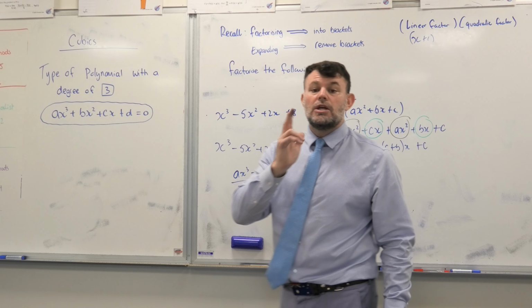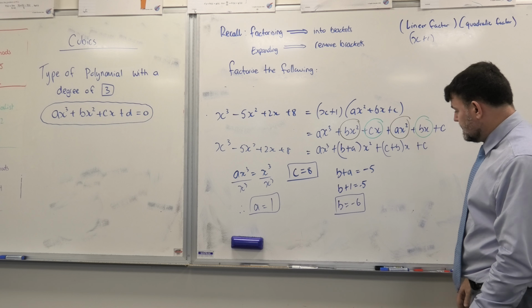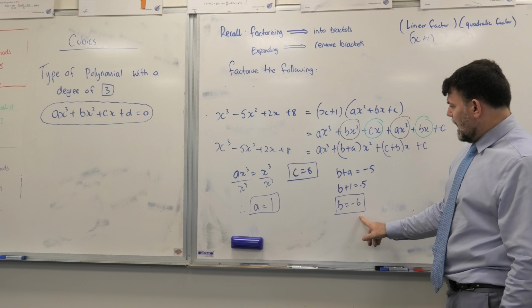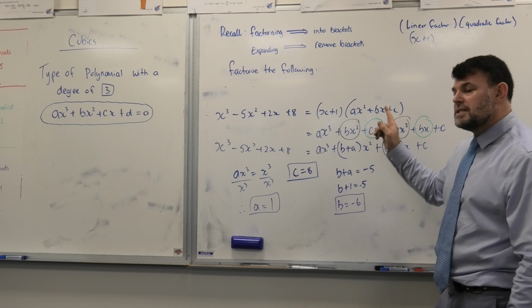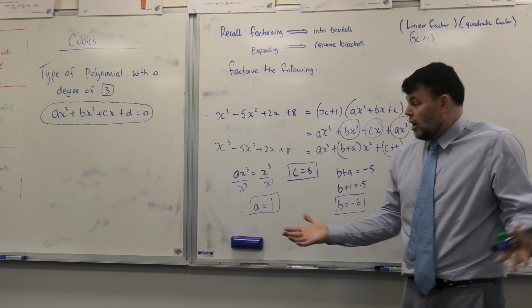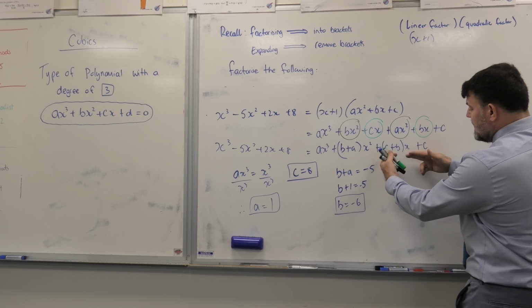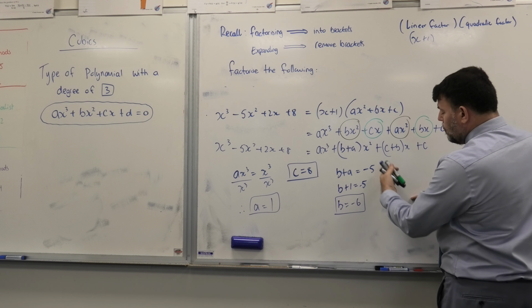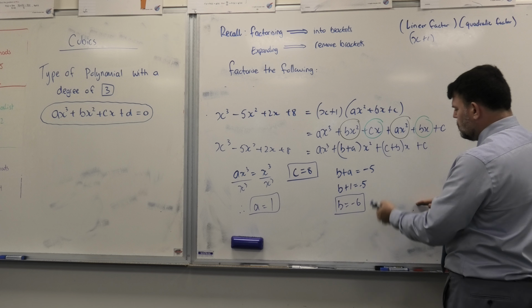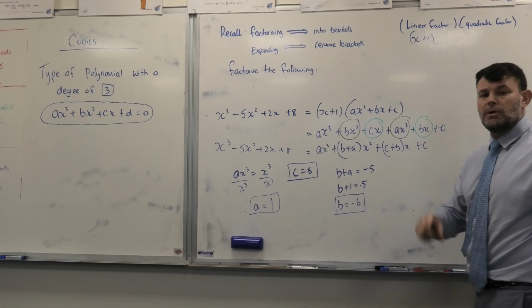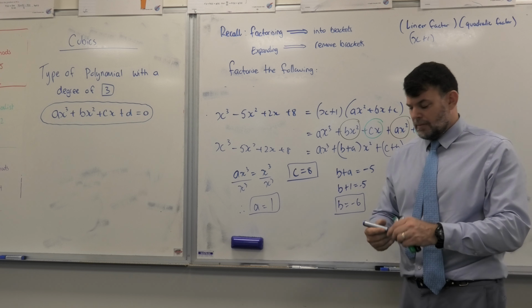My answer is no. The reason why is, if you got this wrong and you plugged it up here, you could be sitting there for ages going, I can't factorize it, it's not working for me. You've got another set of data here. What I would recommend is to replace the c with 8 and see if you get that same answer for b, because you should. So let's have a look.